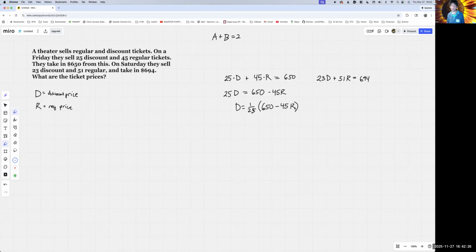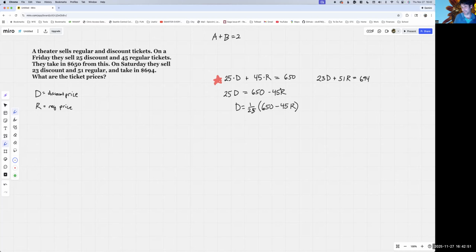That tells me that in order for this equation to be satisfied, whatever value of R you find, this is how you would find the value of D. If you know R, you'd have D by this equation.